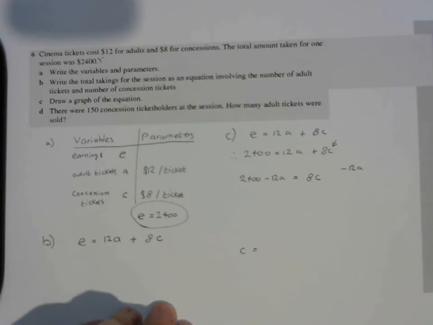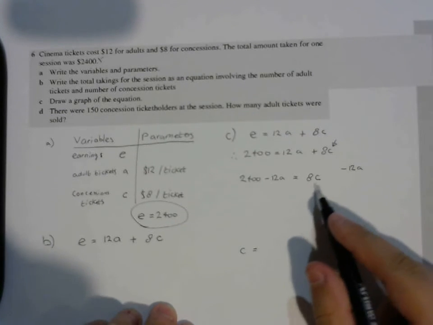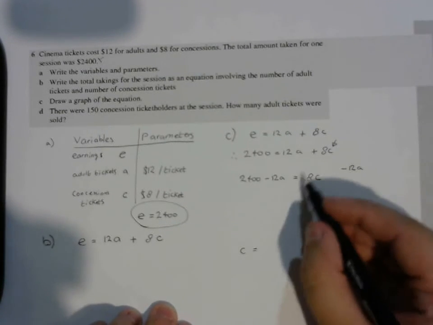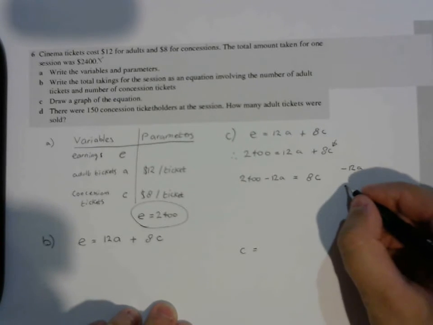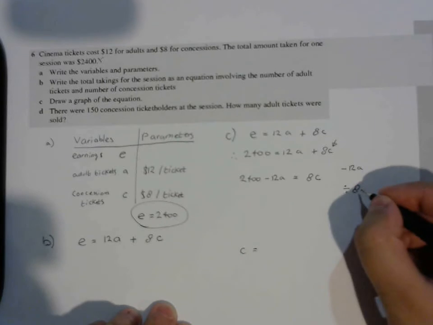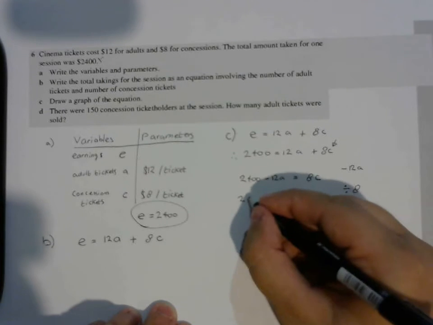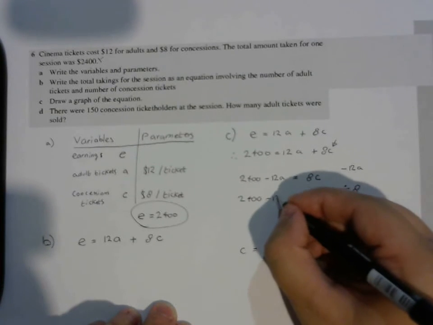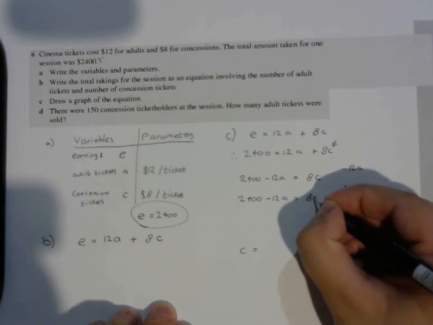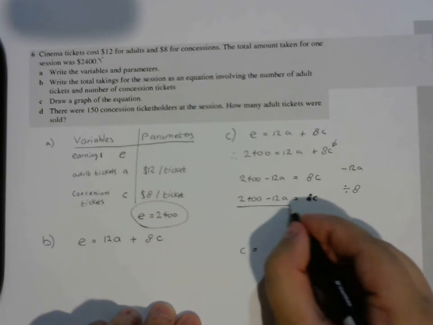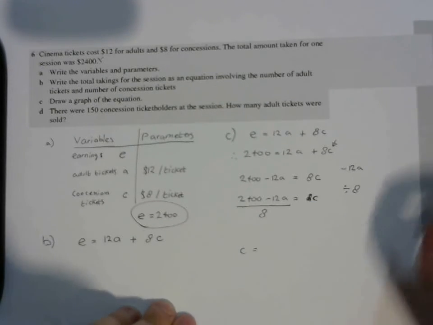Now I'm going to look at my multiplication or division terms, and I can see that I've got this 8 times C term. So the opposite of times 8 is divide. So I'm going to divide both sides by 8. So we're dividing this side by 8.